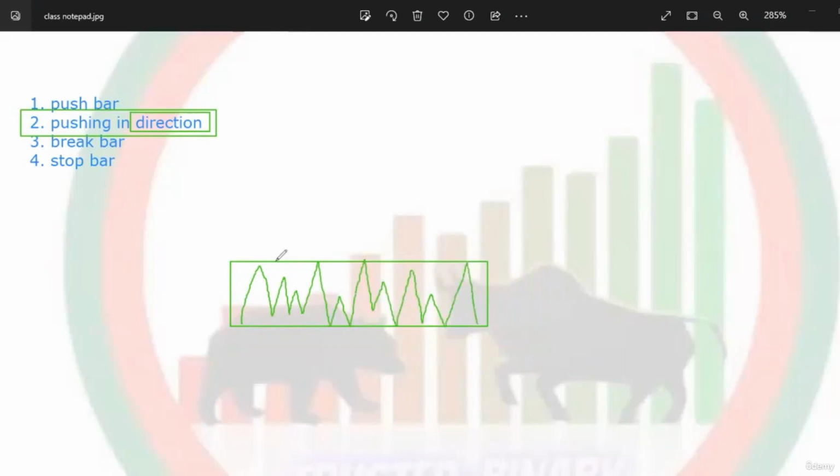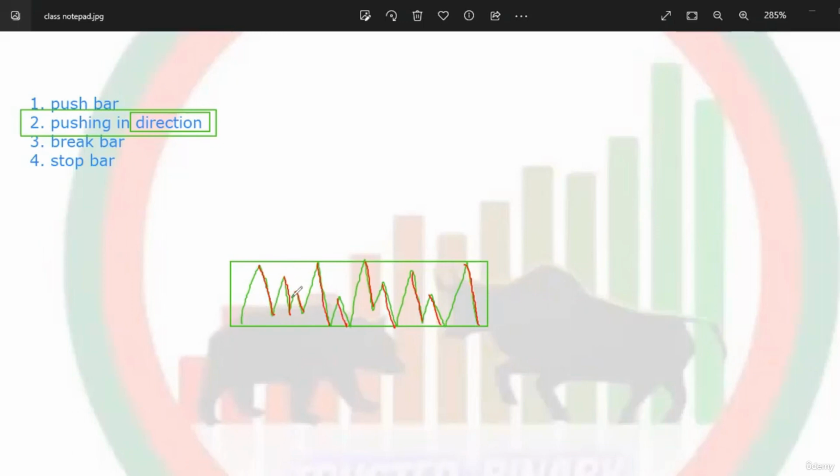So this one the seller side, this one seller side, this one seller side. Now tell me please, is there any perfect direction here by the buyer side or seller side? No, sir. Definitely no, because there is no perfect direction.